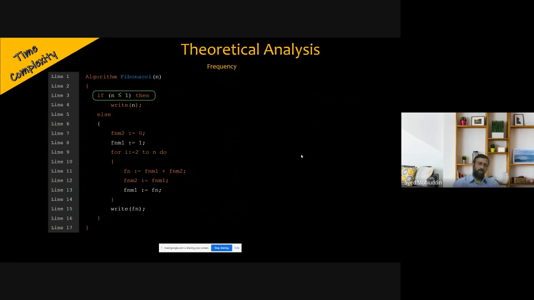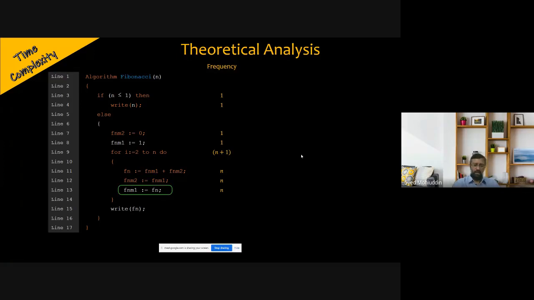Here, this is the first statement. It's going to take 1, because it's only going to get executed once. Then this statement is also going to take 1, because it's executed once. This for loop is going to take n plus 1 times. The statement within the for loop will take n times. The statement on line 12 is going to take n times because this is also within the for loop.